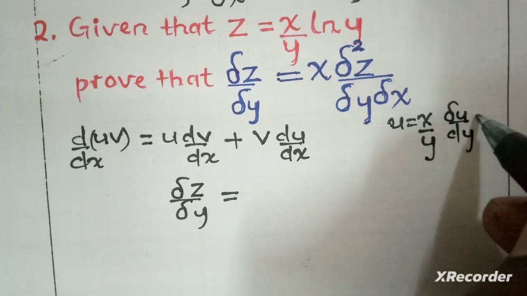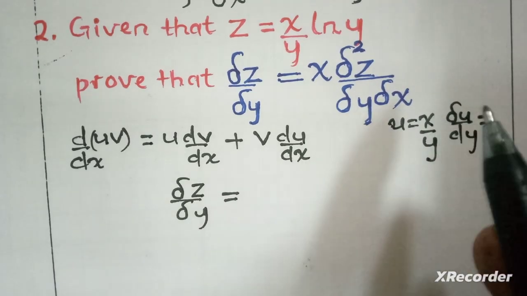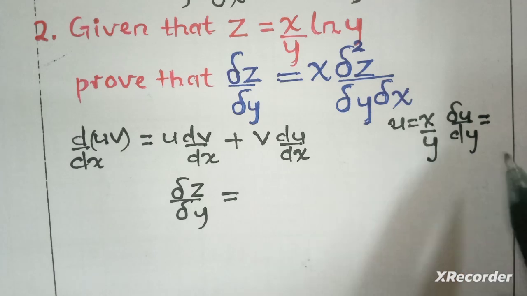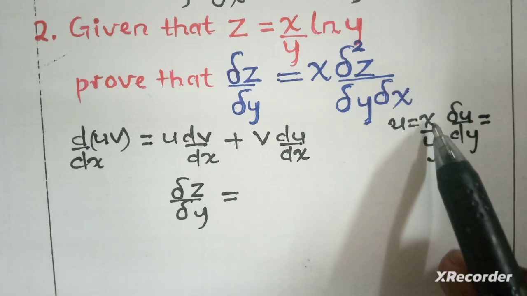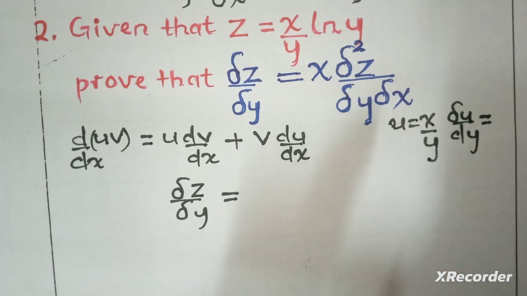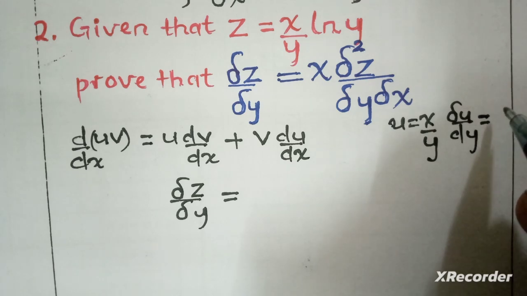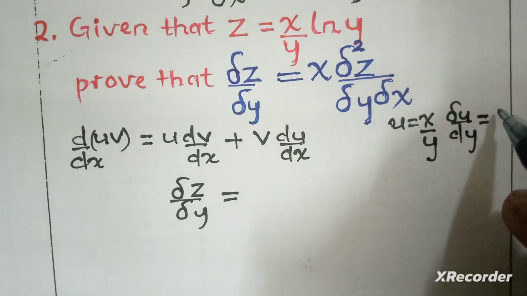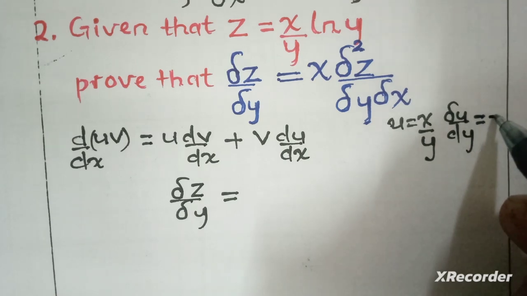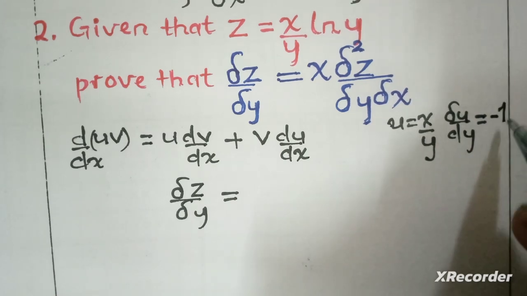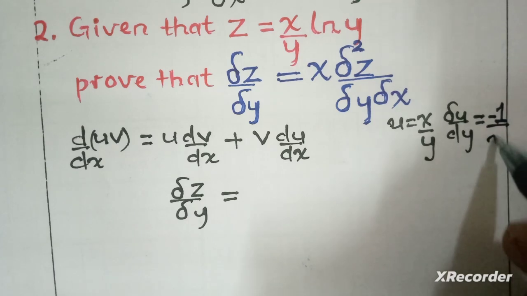This one now is supposed to give me, this is a constant, so we can put y up here, so it is y raised to minus 1. So it will become y raised to negative 2. Then it will be like minus 1 all over y squared.